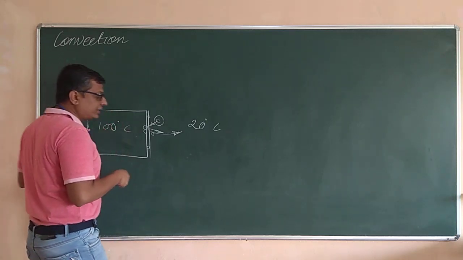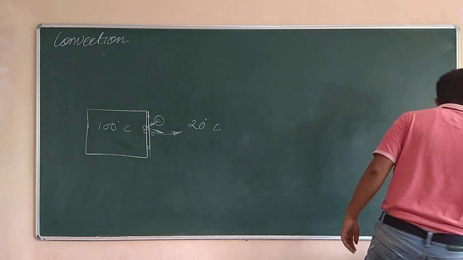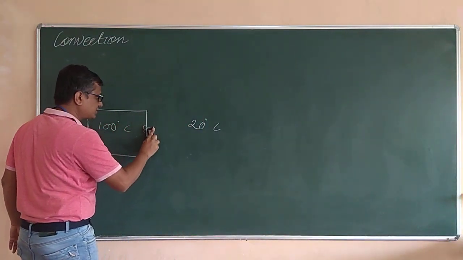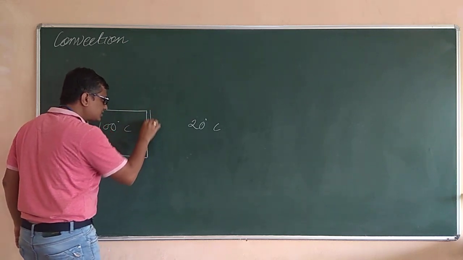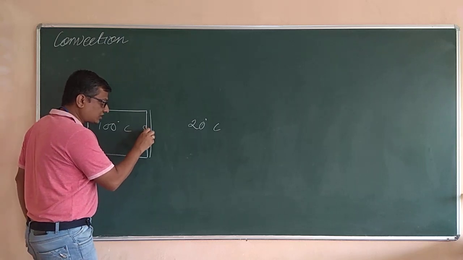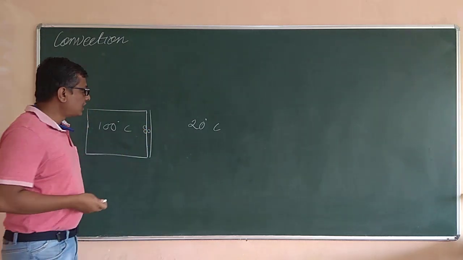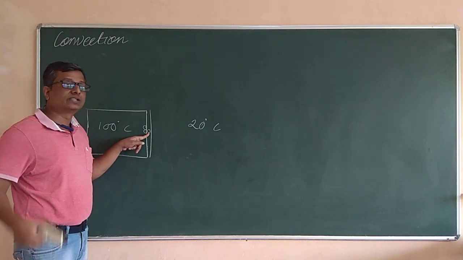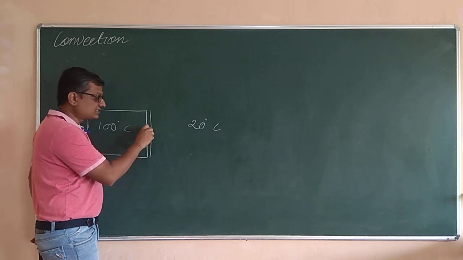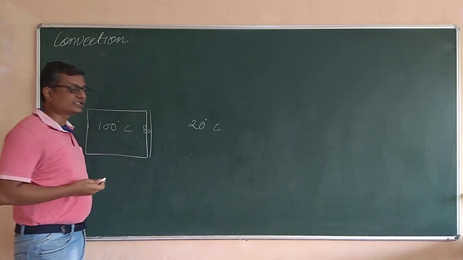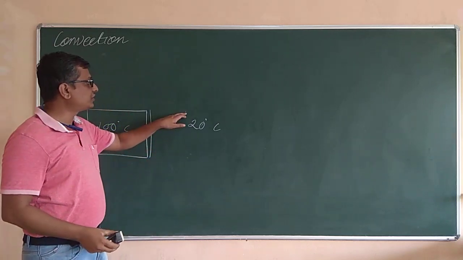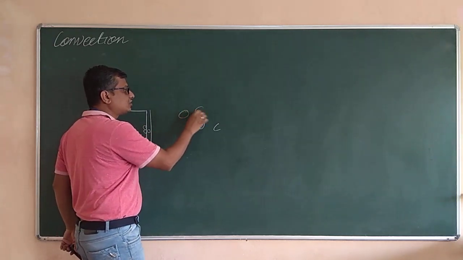Once the air molecules gain some energy from the solid surface, the air molecules in this region, which is very small in width, will become hot, will be higher in temperature, and as the temperature of these gases increases to a certain value, their density reduces. As the density decreases, they will experience a buoyant force. Obviously the buoyant force was there over here also, but there was no difference between the density of this region of air and the density of that region.